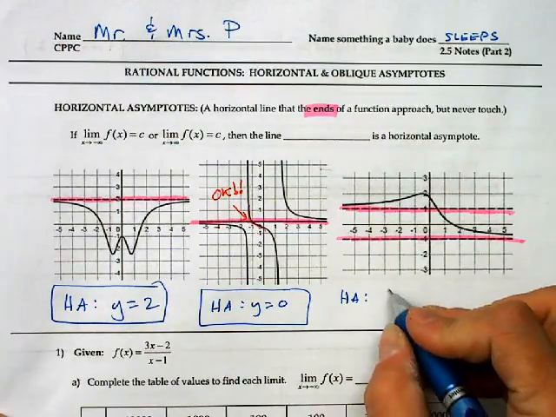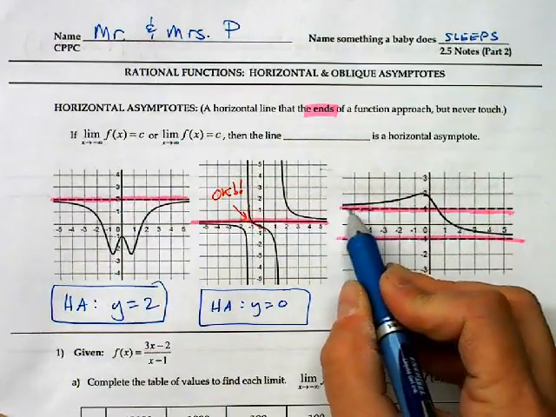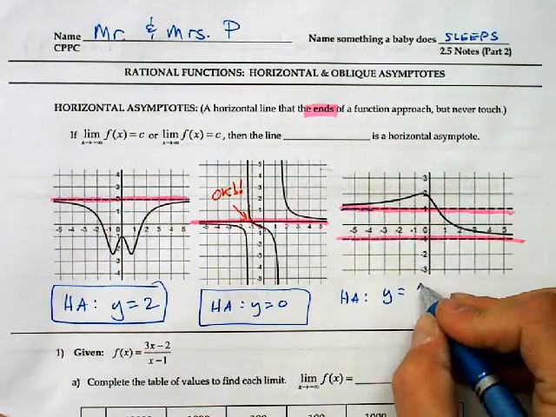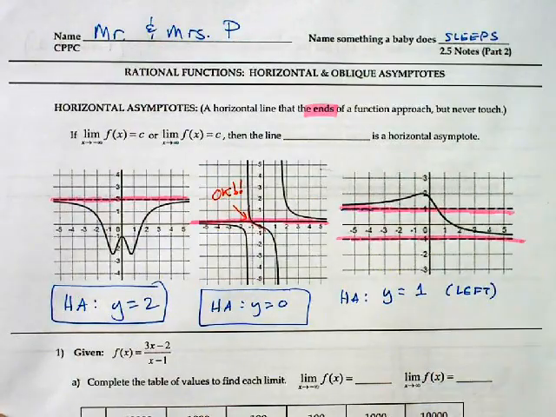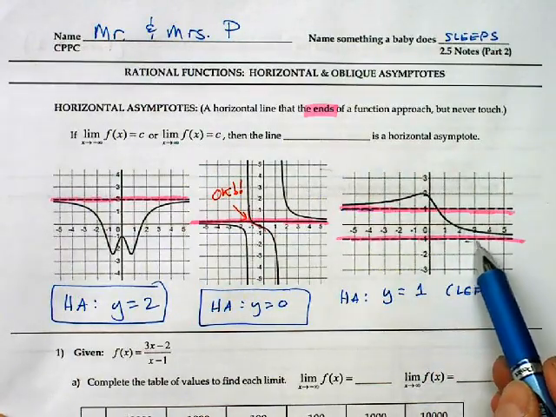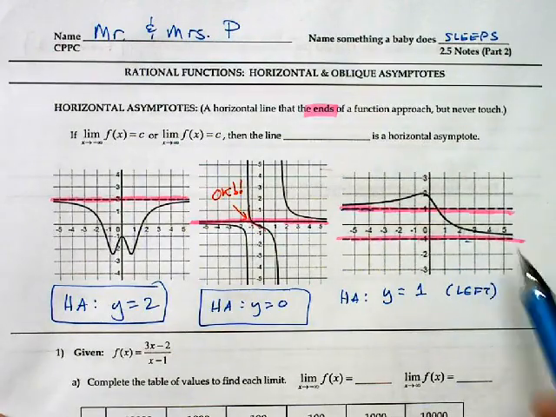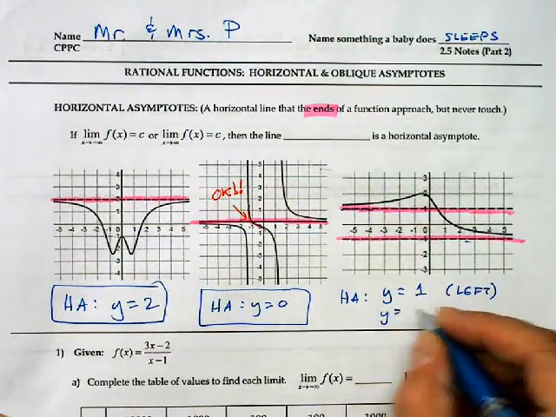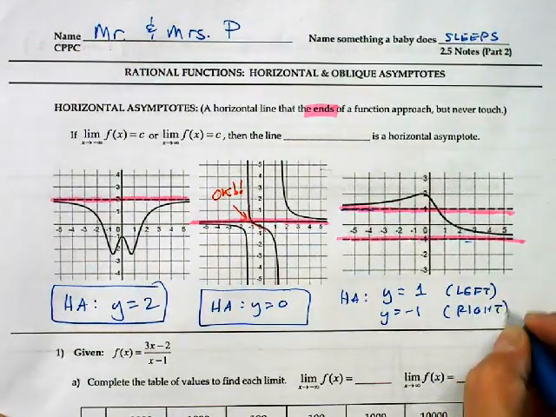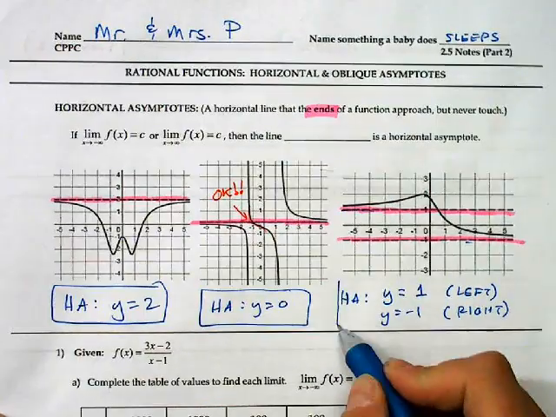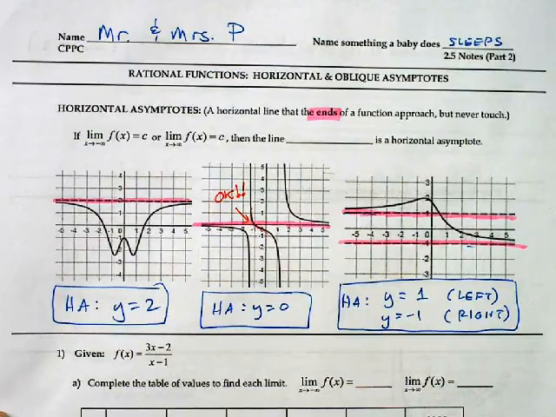Over on the left side, our function's graph is getting closer to the horizontal line y equals positive 1. And over on the right side of the graph, the points seem to be getting closer to, but never touching, the horizontal line y equals negative 1.